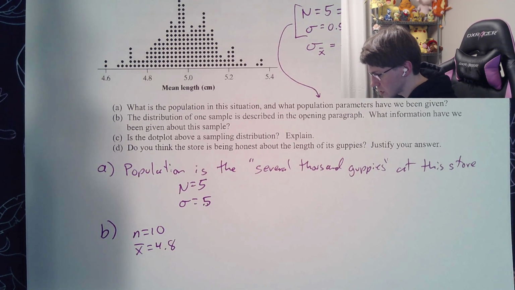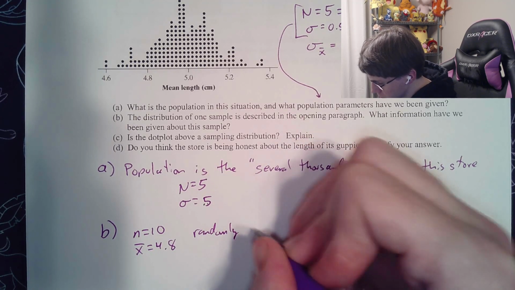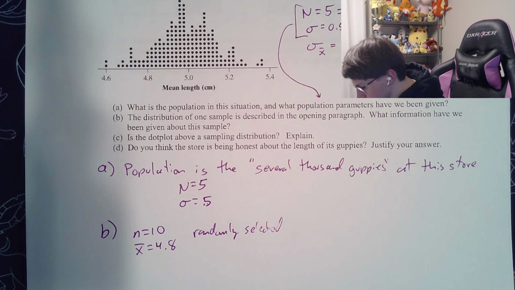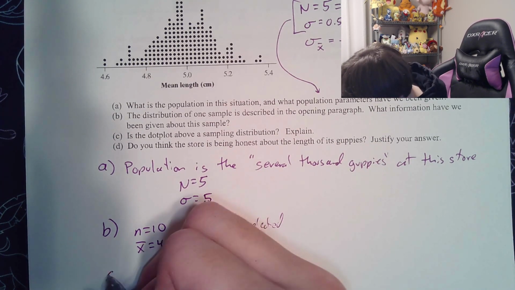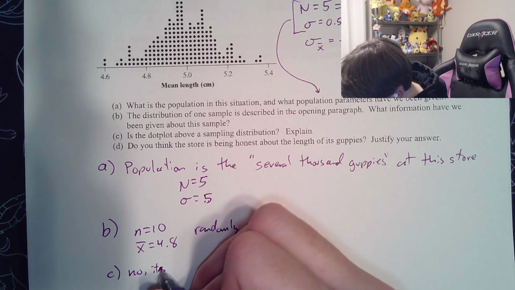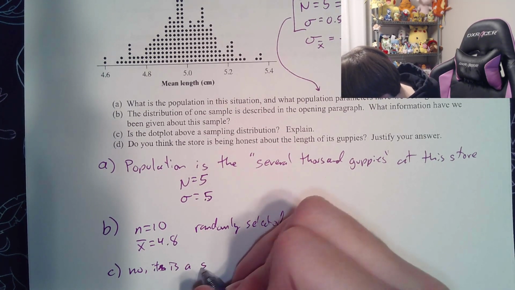It was randomly selected. Probably could be good to include that. Is the dot plot above a sampling distribution? I just said no. It is a simulation. You can't actually put all the trillions of dots on there. It is a simulation of one.